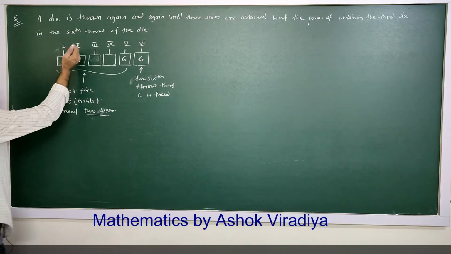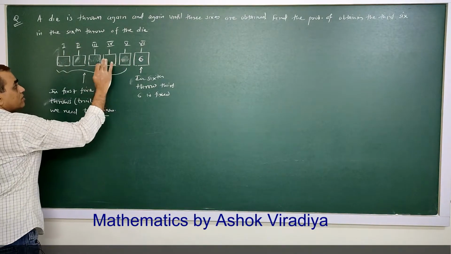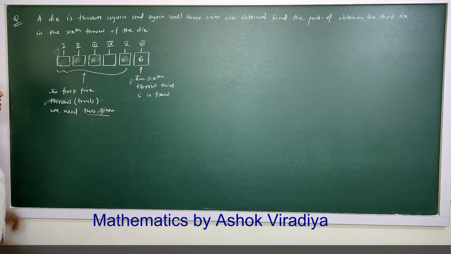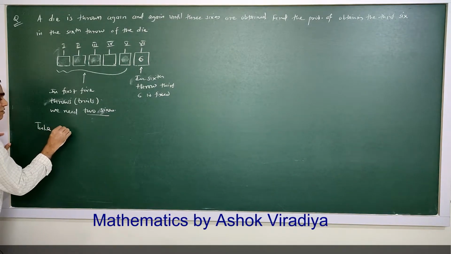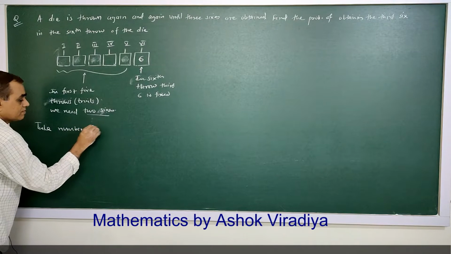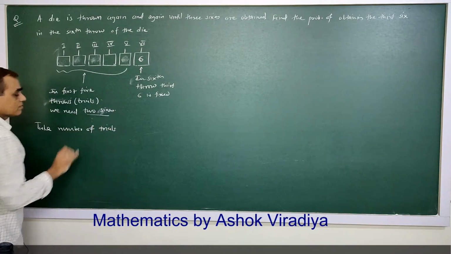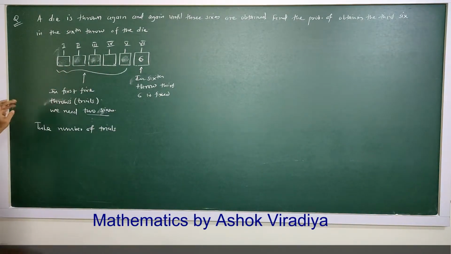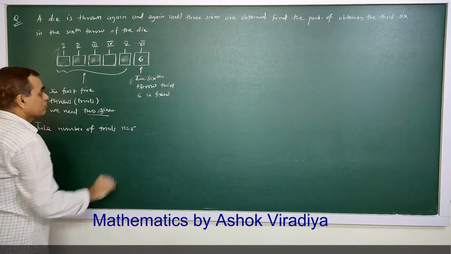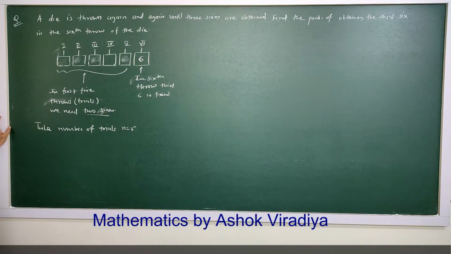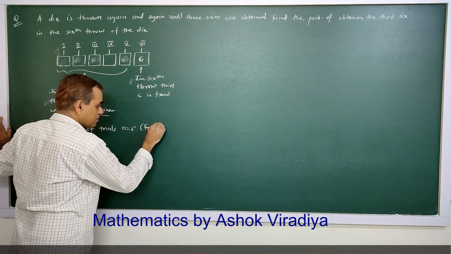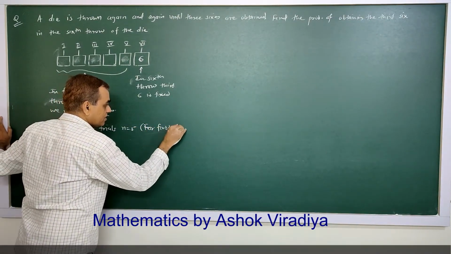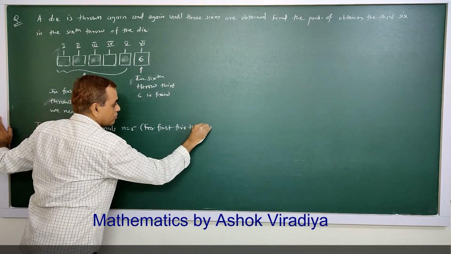So we can explain this as, suppose here we take number of trials. Here number of trials n is equal to 5 for first 5 throws.